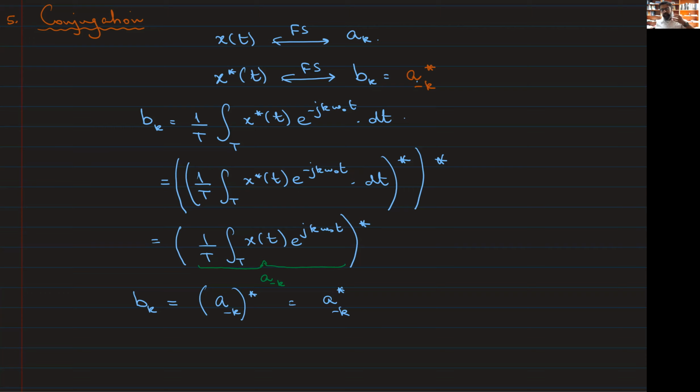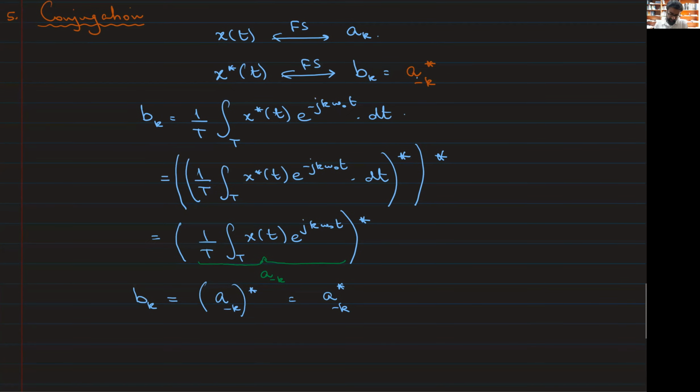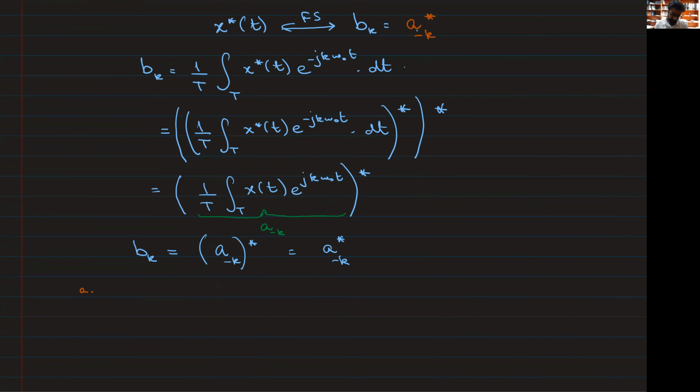Okay, now from this result, there are several things that we can infer, right? The first is, if the signal x of t is real, we want to see if there are some special properties that the Fourier series coefficients satisfy or not.